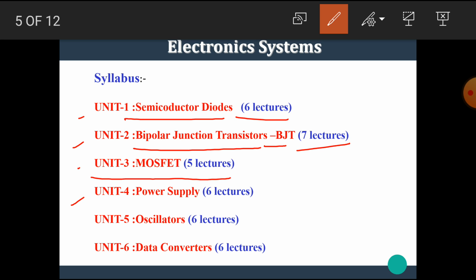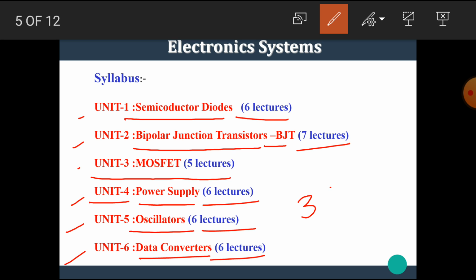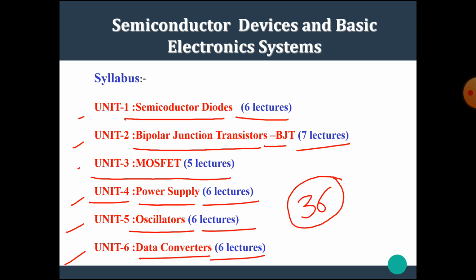The name of unit fourth is Power Supplies, which is for 6 theory lectures. The name of unit fifth is Oscillators, which is for 6 theory lectures. And the name of the last unit, unit 6, is Data Converters, which is for 6 theory lectures. That means a total of 36 theory lectures are allotted for this subject.